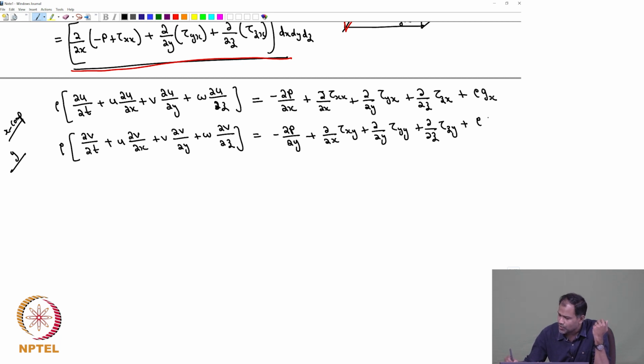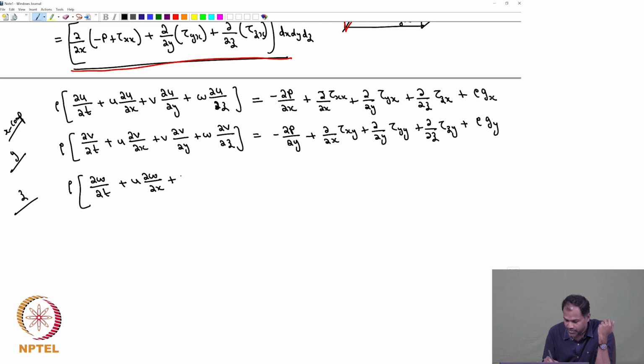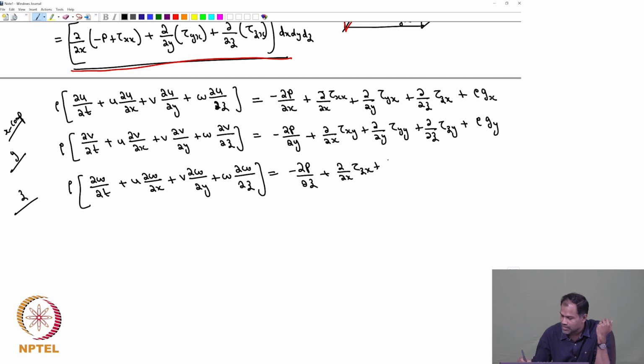zy plus ρgy, and the z component is going to be ∂w/∂t plus u ∂w/∂x plus v ∂w/∂y plus w ∂w/∂z is equal to minus ∂p/∂z plus ∂/∂x of τxz plus ∂/∂y of τyz, sorry, this is the notation, plus ∂/∂z of τzz plus ρgz.